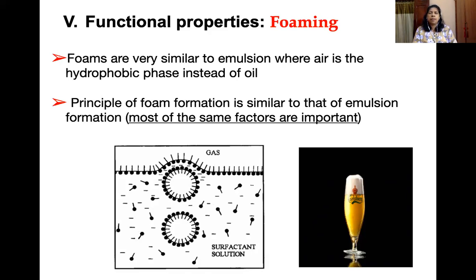Now you can see in the beer glass, the foams are there. Here you can keep these foams for a longer period. Because water is present in the foams, what supports making these foams? Normally surfactant solutions.